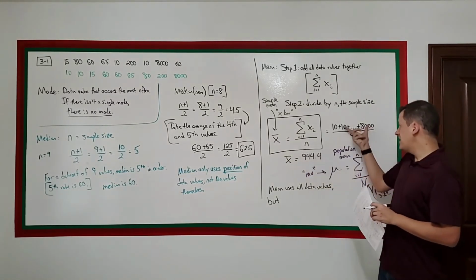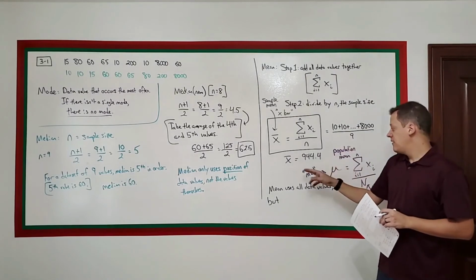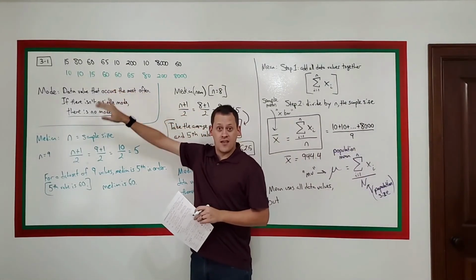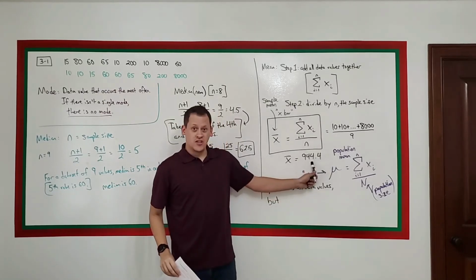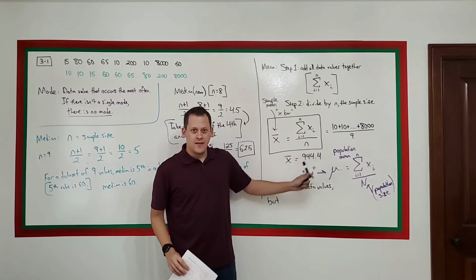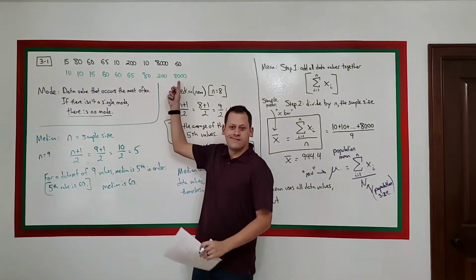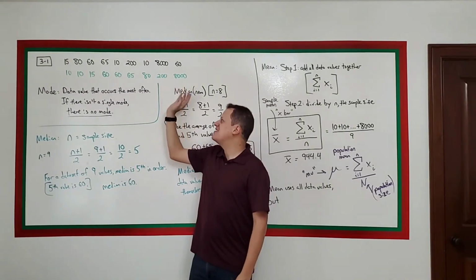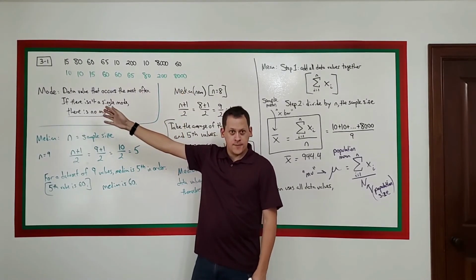I mean, we took all the data values and divided by 9, but this is nowhere near the center of this data set. This seems really large. Why is this number so big? Because of that. This value is dominating all the rest.